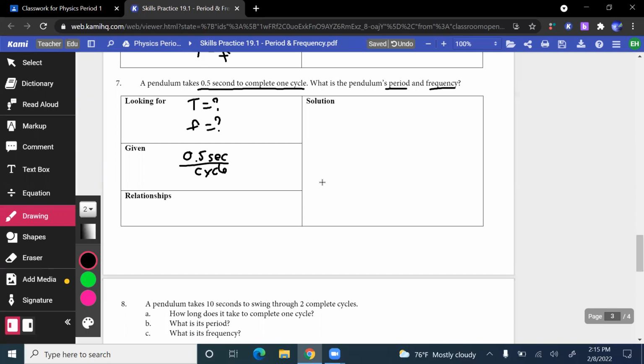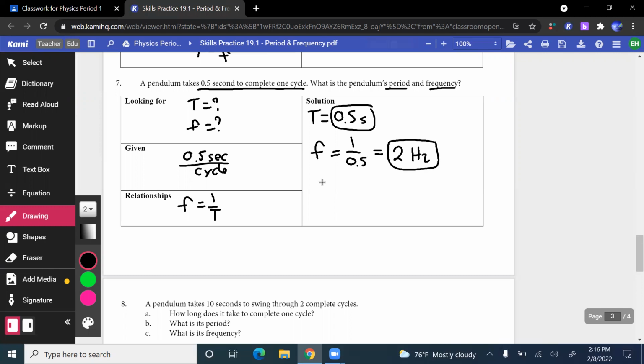Well, 0.5 seconds per cycle would be the period. Half a second for each cycle is the period. The frequency, on the other hand, would be the inverse of that. So frequency is the inverse of 0.5. If we go 0.5 inverse, we get 2 cycles per second, or 2 hertz.